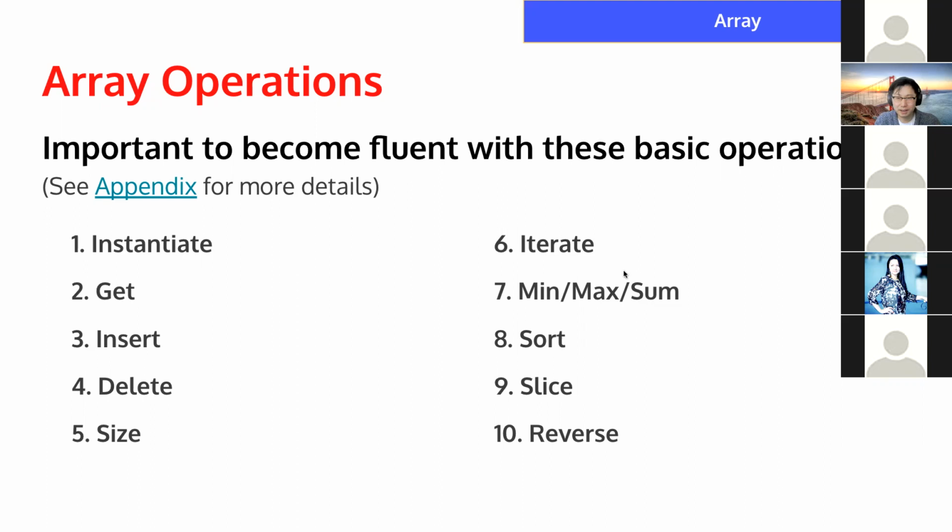And then number 6, the iterations. Make sure you know how to iterate or loop through the array. There are ways to do it with a for loop. You may also want to know how to do it with a while loop. Depending on what programming language you work in, there are also multiple ways of doing it. For example, with Python, the famous one is using range around the array to get the index or the value out of it.